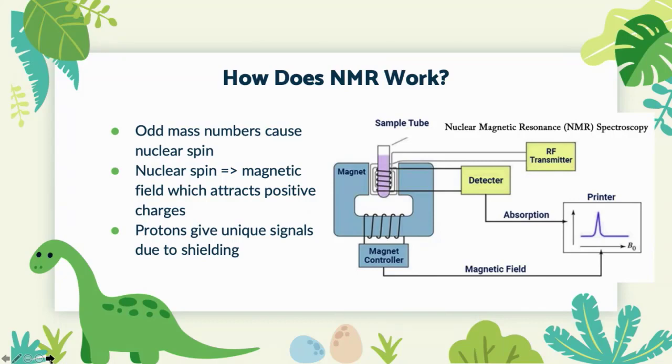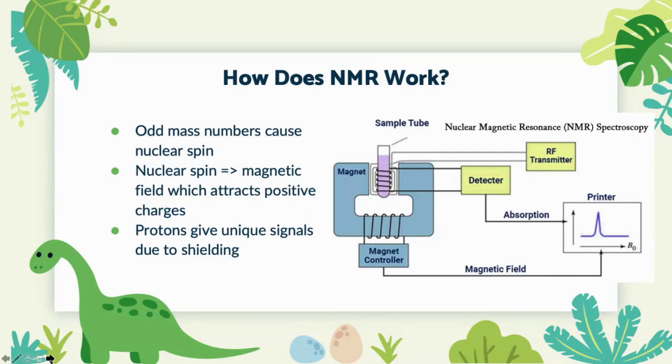What you do is you take oftentimes a drop of whatever solution you have, and you can put it on a really tiny sensor, or you can put it in a sample tube like shown. What it'll do is it'll take that drop and use a magnet to process the different parts of that molecule.